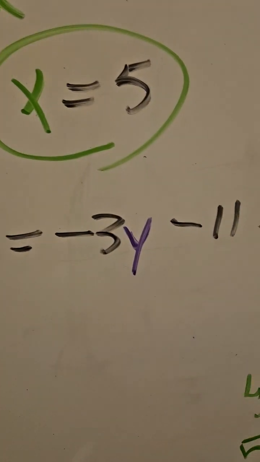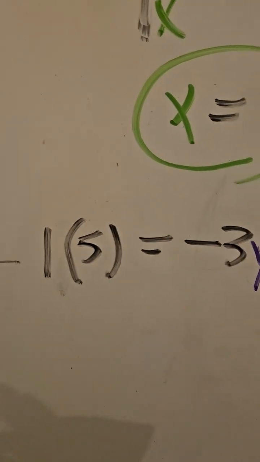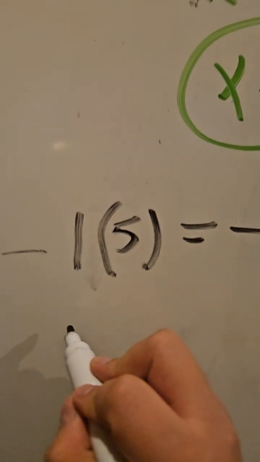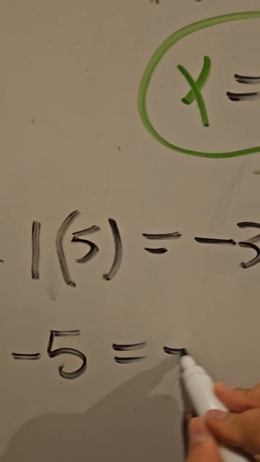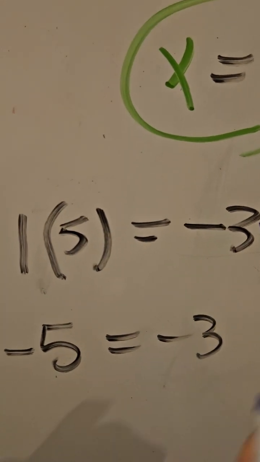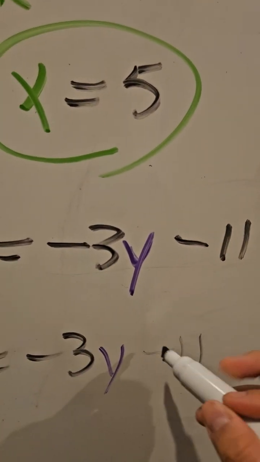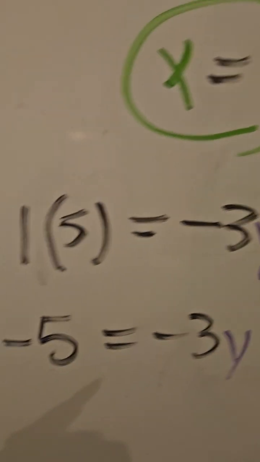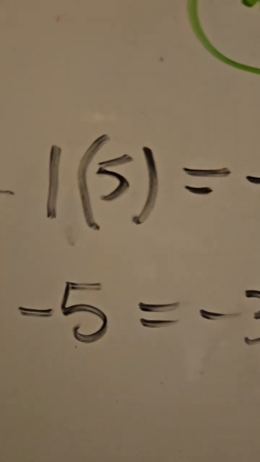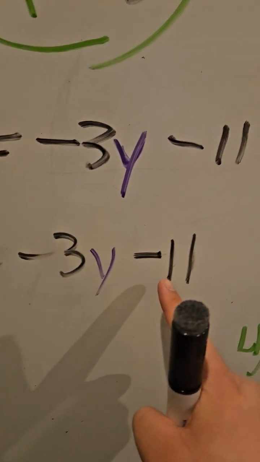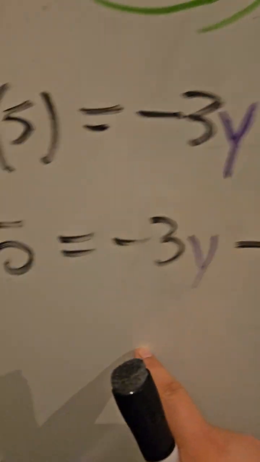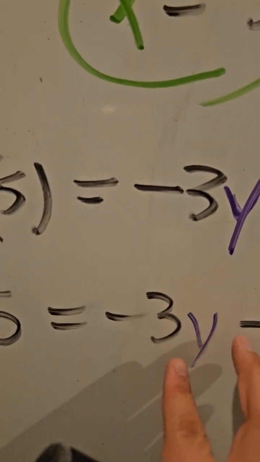Okay. I changed the white to purple so you can distinguish the difference. So we would simplify this to negative 5 equals negative 3y minus 11. Alright, and it would be easier to just move this to the other side to try to isolate y.